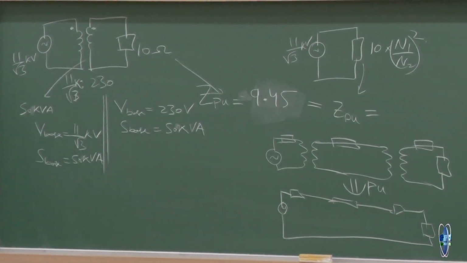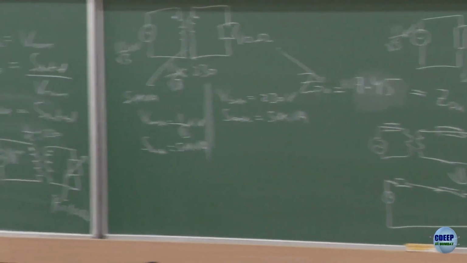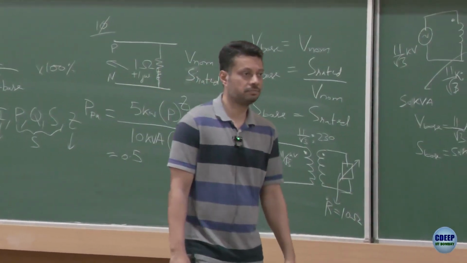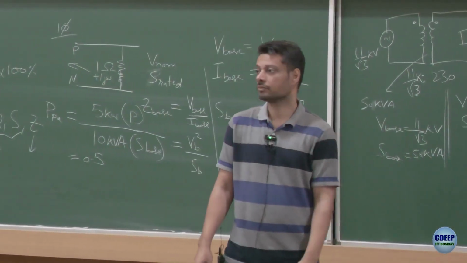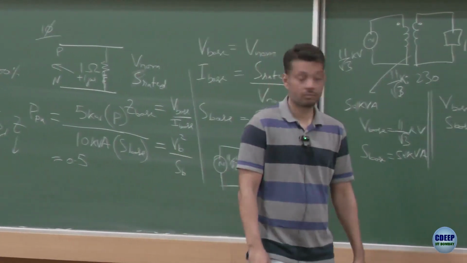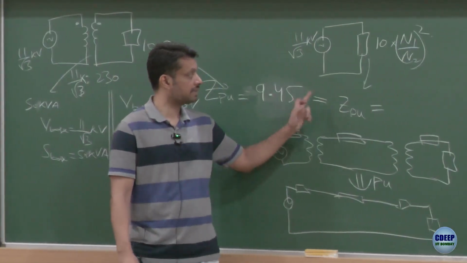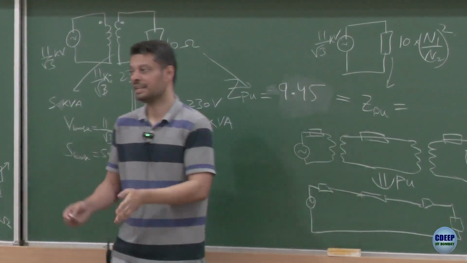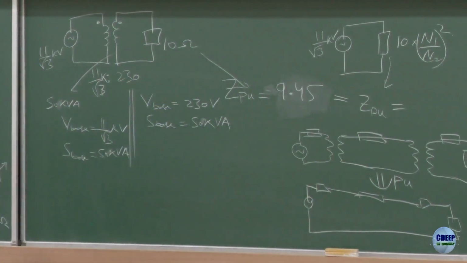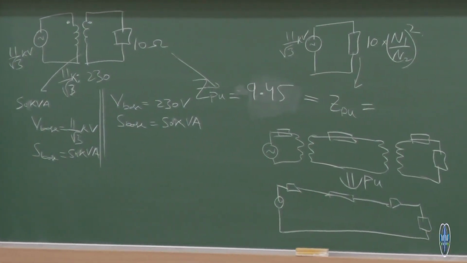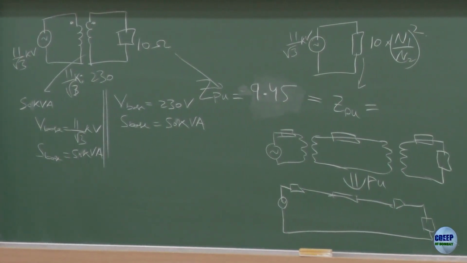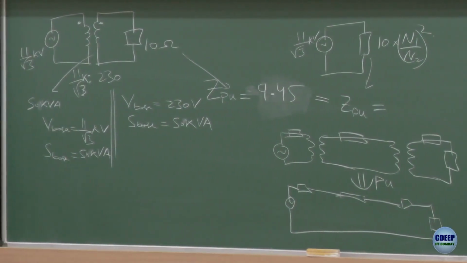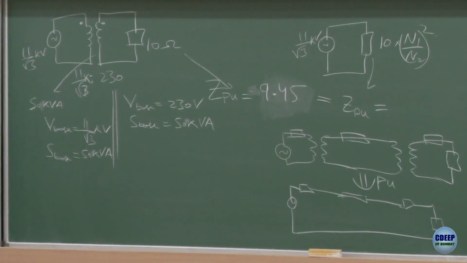Is that okay? That is, I think, question 1 or 2 of your assignment. Because you got the same Z base if you transfer it. Any impedance you transfer from one side of the transformer to the other side, the actual value gets changed by N2 by N1 squared. But in PU, whatever the PU was here, it's the same PU there.